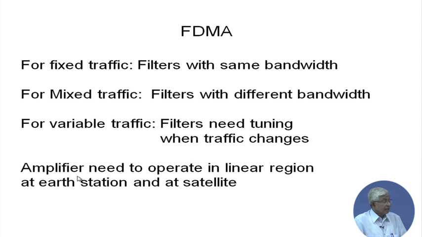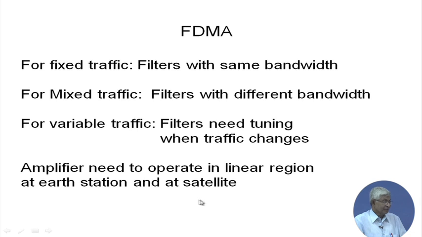And then the other issue is that the amplifier needs to operate in the linear region at the earth station and at the satellite. At the earth station also multiple carriers are going up for different stations. Here I have shown only 3 stations, there may be more stations, so multiple carriers going up. So the earth station HPA has to operate in the linear region, otherwise spurious will be generated. Similarly at the satellite, so the earth station uplink will have lower power.